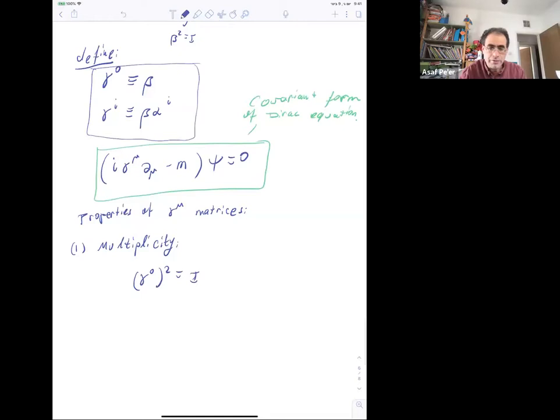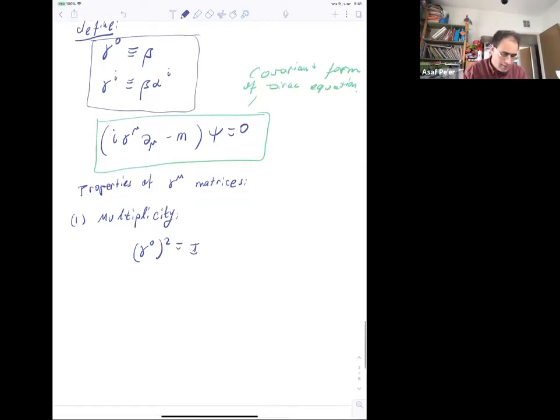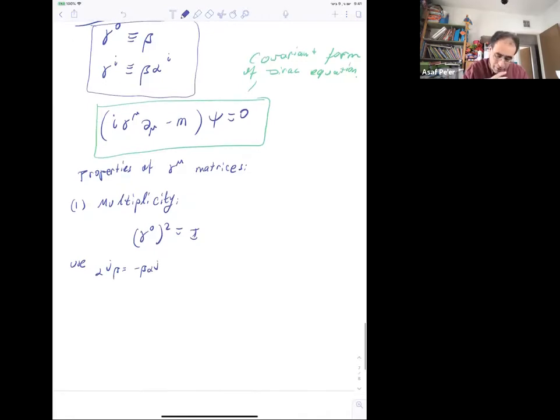What about gamma j squared? For that we have to work infinitesimally harder. We're going to use that alpha j beta is minus beta alpha j. And then we have gamma j squared. What is gamma j squared?